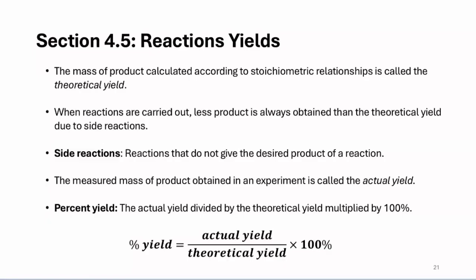The side reactions are reactions that do occur, but they do not give the desired product. So percent yield is a comparison of what we actually got, which is the actual yield, divided by the theoretical, which is how much we should have gotten, times 100%.